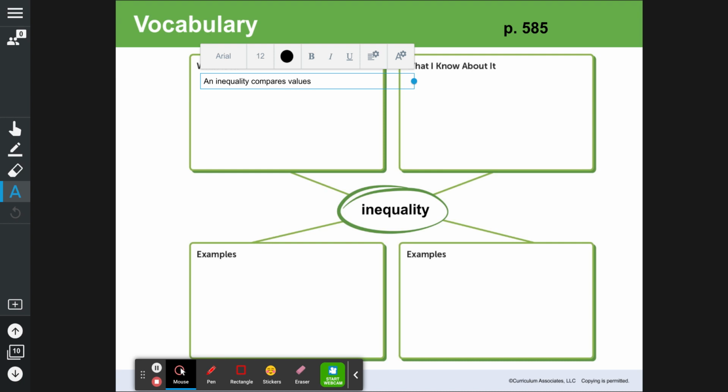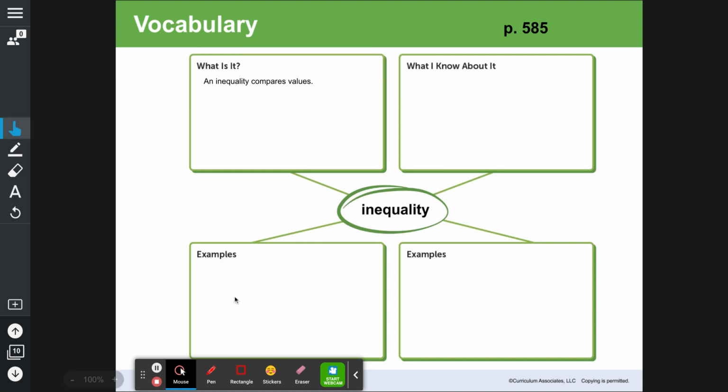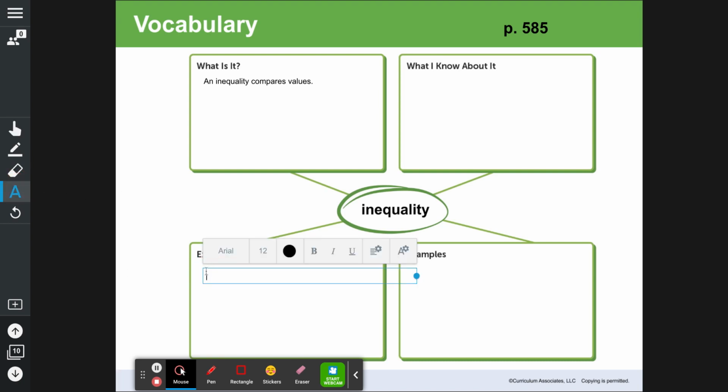And I would say two values, but sometimes it's more than two values. So inequality compares values. And we can give some examples. Here you can come up, let's say, with at least 4 examples of an inequality. I will share a couple right here, then you go ahead and come up with some.